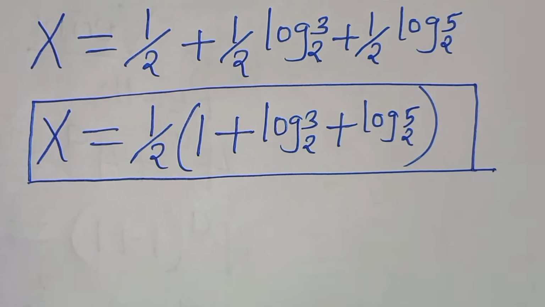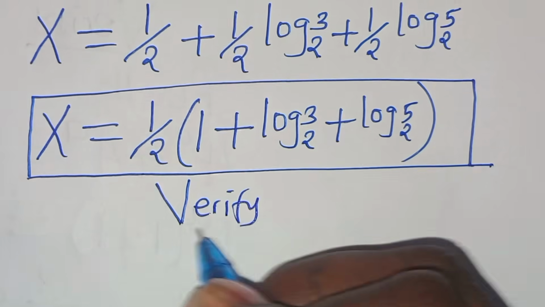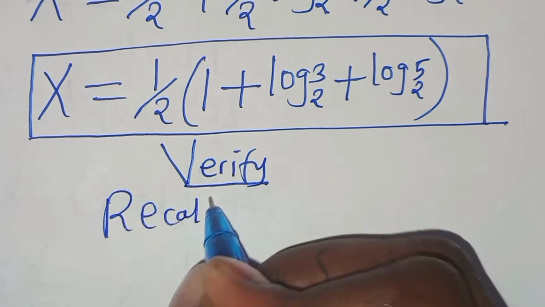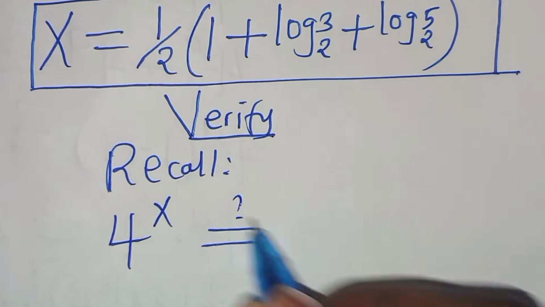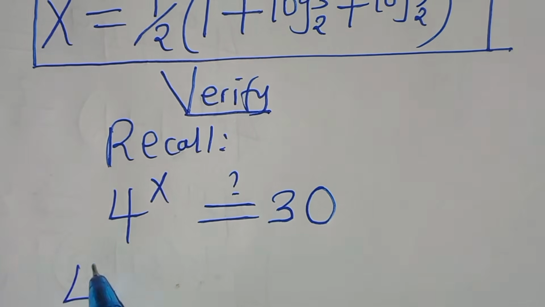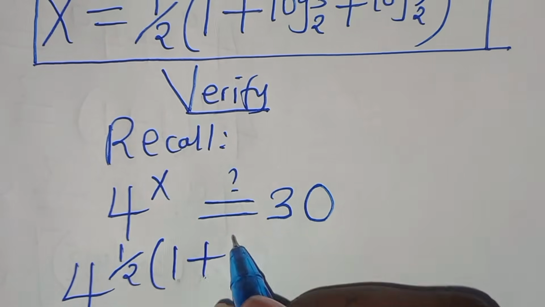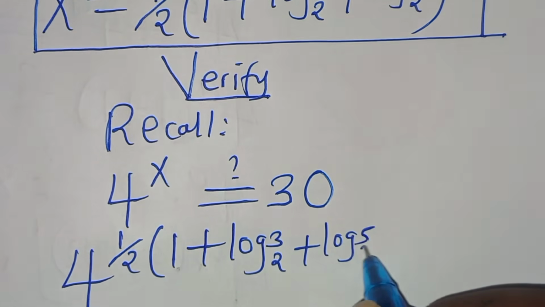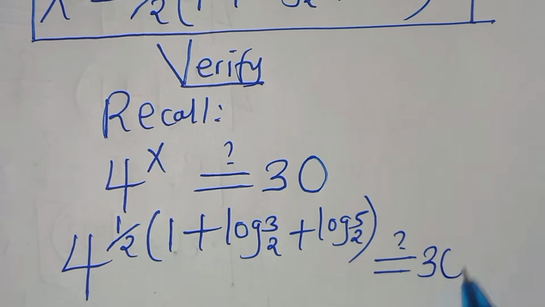Now, the next step is to verify if this value of x satisfies the equation. If you recall, 4 to the power of x is supposed to give us a value of 30. So let's substitute x here, so that we have 4 to the power of a half into the parentheses 1 plus log 3 to base 2, plus log 5 to base 2, supposed to give us 30.